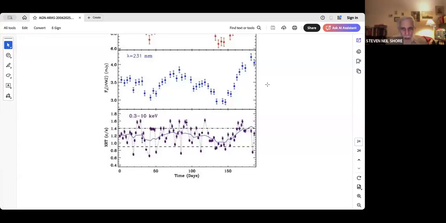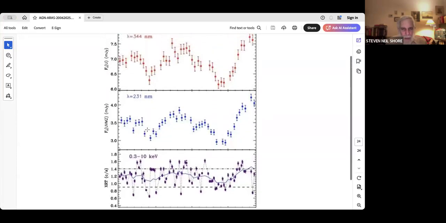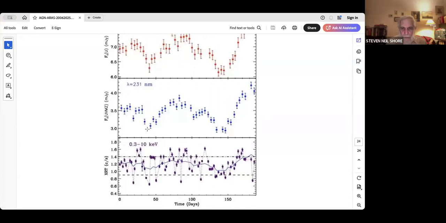You can also see variations photometrically in these. This is the basis of the reverberation mapping. Variation in the ultraviolet at about 2300 angstroms, and then variation from Swift that shows, if you close your eyes and cross your fingers, you can sort of believe that this is showing the same sort of curve.